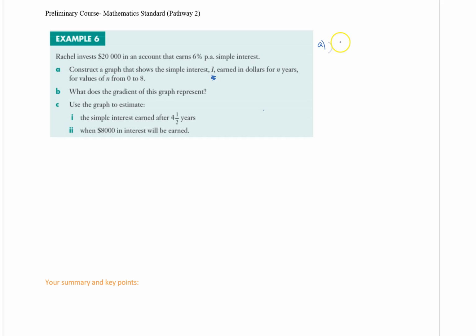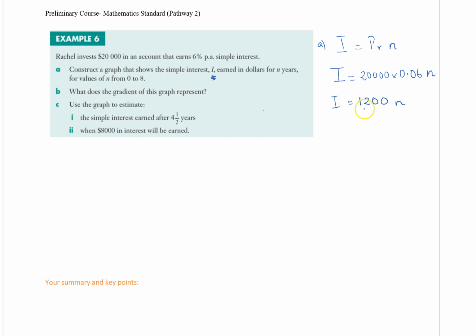So we need to start off with I equals P R N and form an equation that we can use. We need the value for P, which we're given as 20,000, and our value for R, remember, it has to be a decimal, so it'll be 0.06, and N. Now, we'll do the calculation.